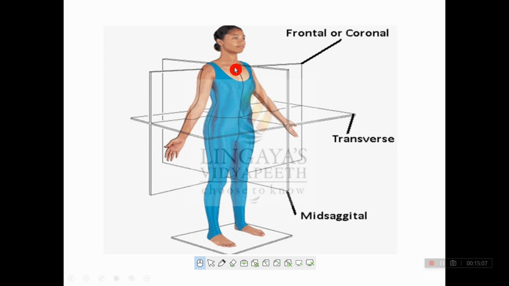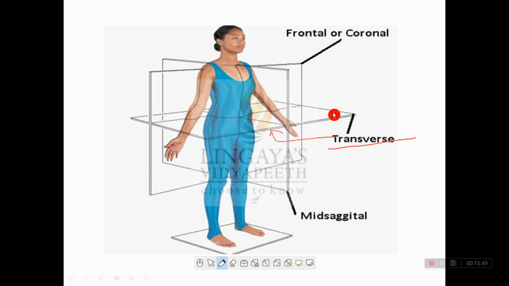If I say I cut an organ into the sagittal plane, or I am talking about the sagittal plane. Transverse plane, this one is the transverse plane. So transverse plane is dividing the body into two equal upper and lower halves.